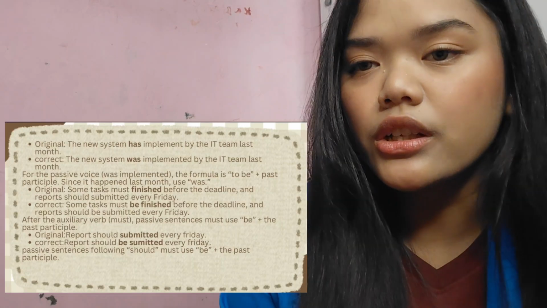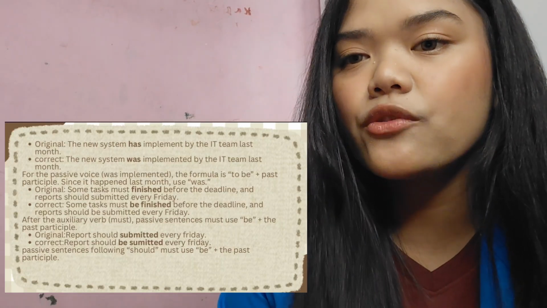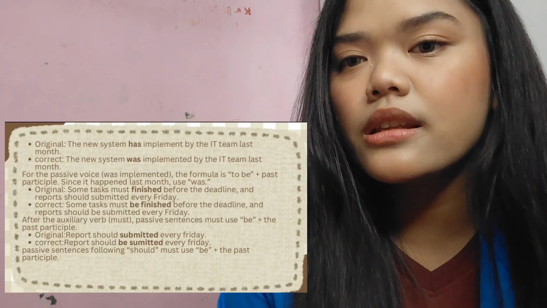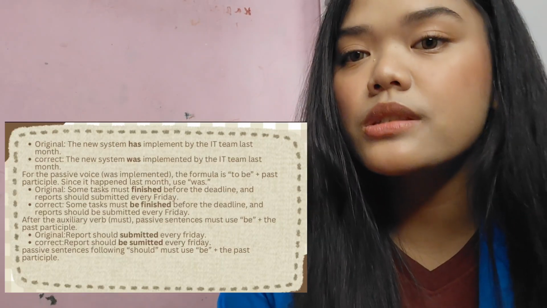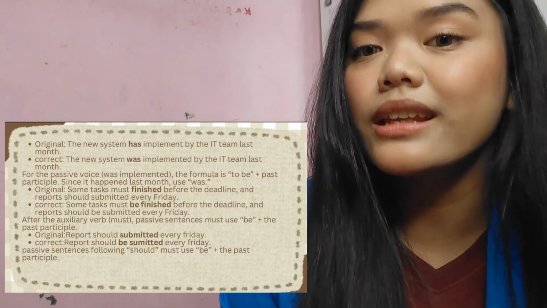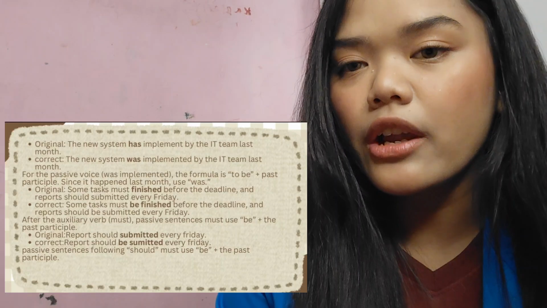Next is original: Some tasks must finish it before the deadline and report should submitted every Friday. Correct: Some tasks must be finished before the deadline and report should be submitted every Friday.